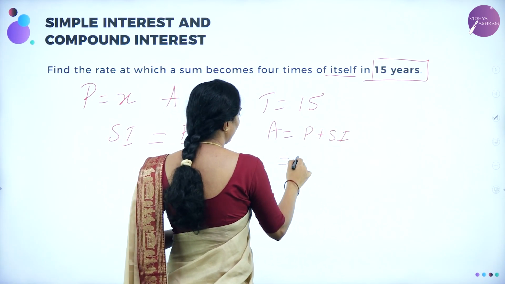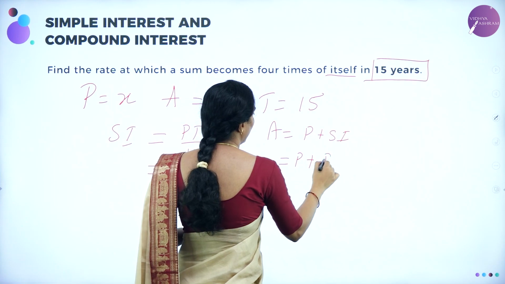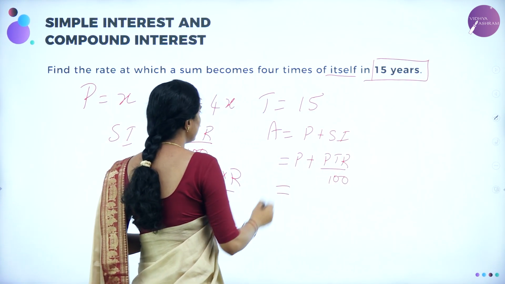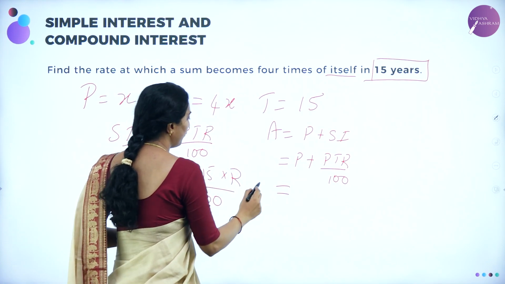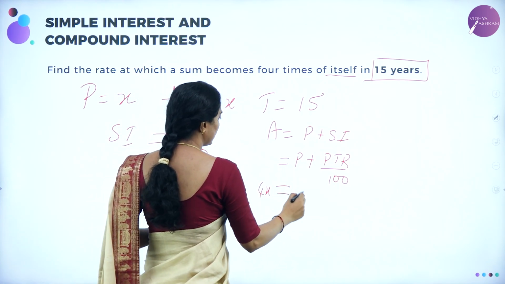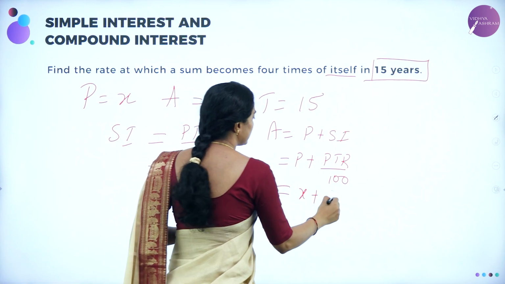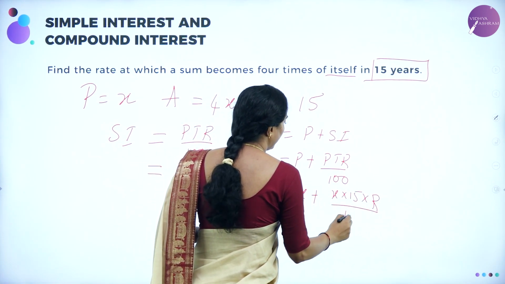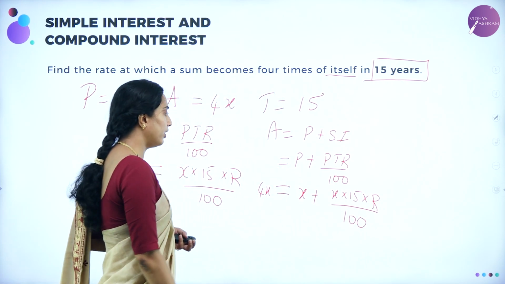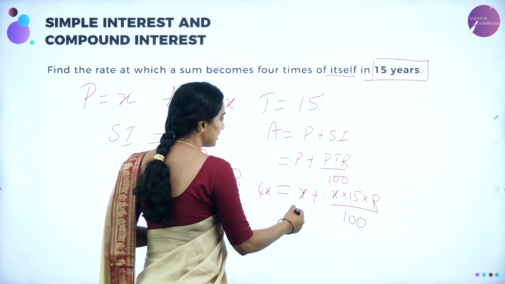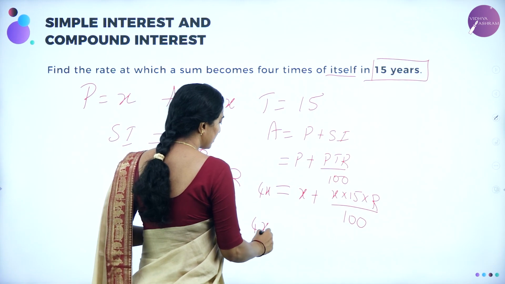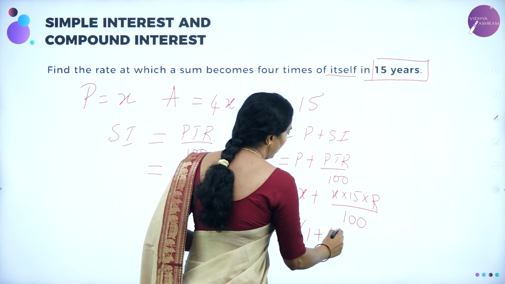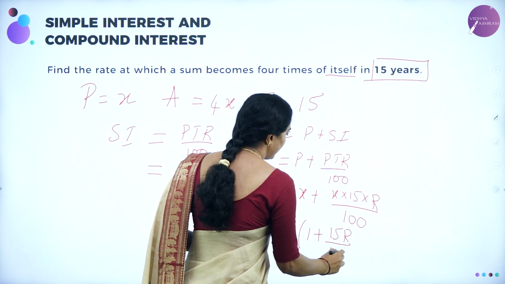So P plus PTR divided by 100 is equal to A, which is 4x. P is X plus X into 15 into R divided by 100. So we have 4x, and X you can take common. 4x is equal to X into 1 plus 15R divided by 100.